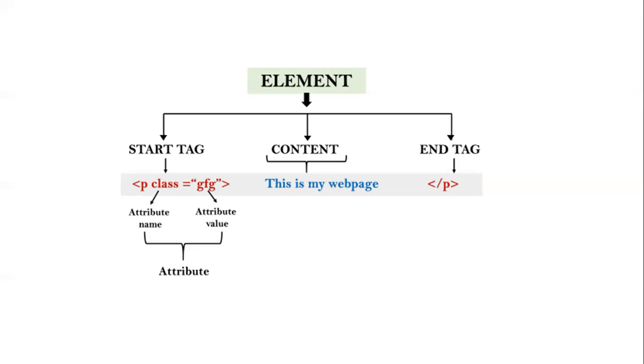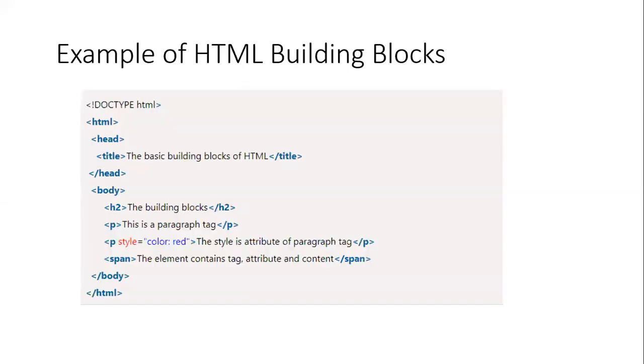They have two fields: the name of the attribute and the value of the attribute. The closing tag simply takes a slash before the name of the closing tag, and between the start tag and the end tag we have the content. Content is what will be displayed on your web page. So here is a simple example that we have written.